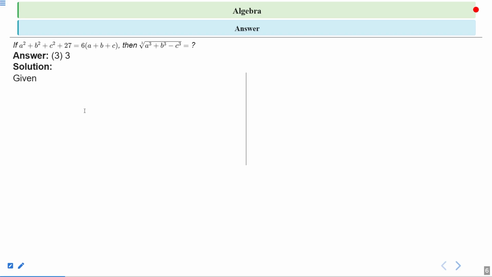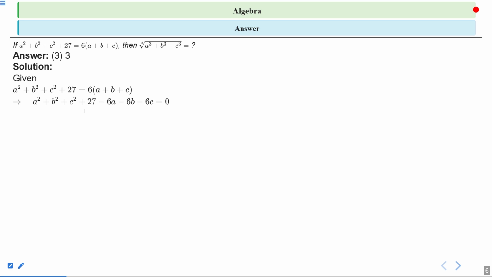Given that a square plus b square plus c square plus 27 equals 6 times a plus b plus c, we can transfer all the right hand side terms to the left hand side. It becomes a square plus b square plus c square plus 27 minus 6a minus 6b minus 6c.